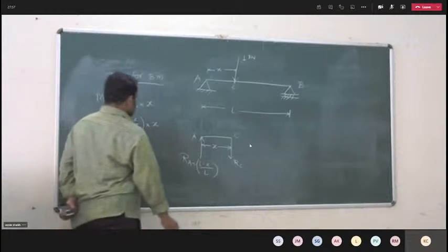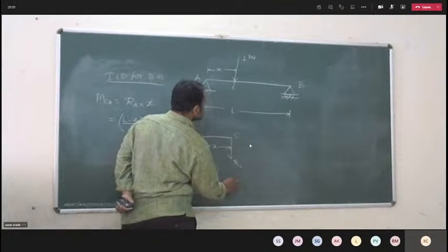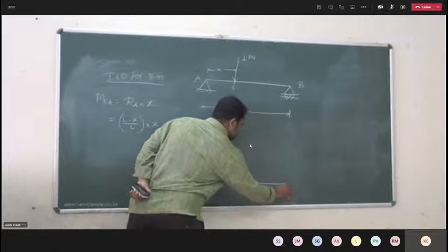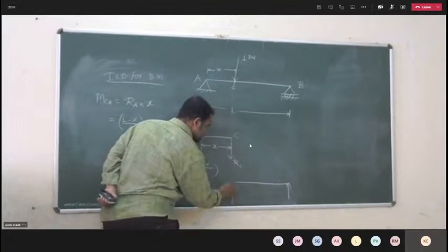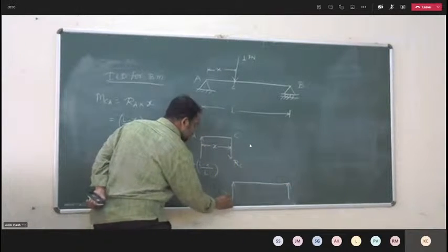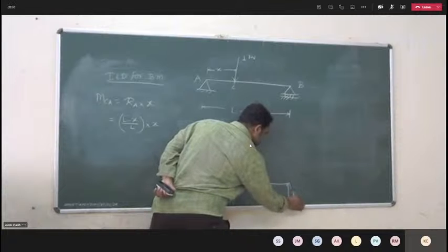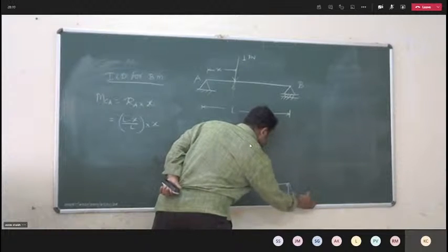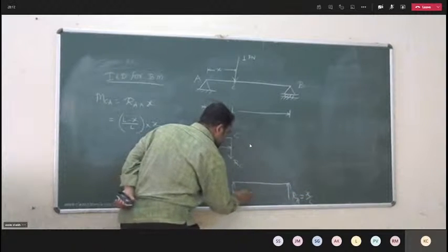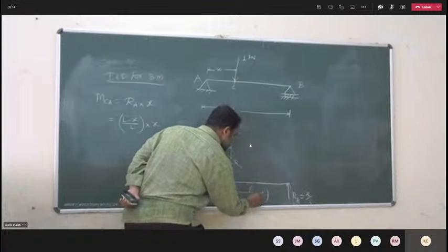Now consider the part CB. This is RC, RB. RB is known to you, x by L, and the distance is L minus x.